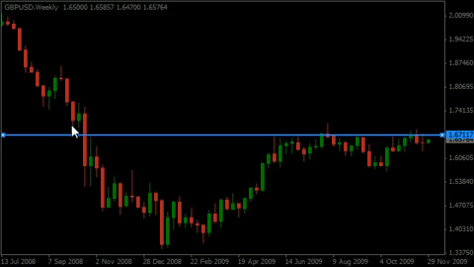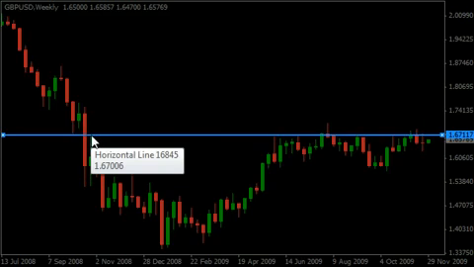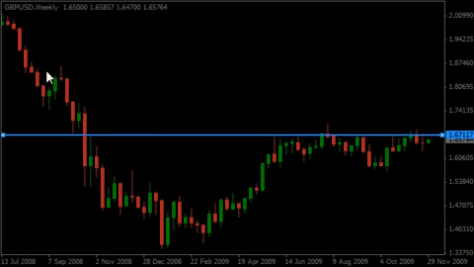We've got price action coming down, hits this line, bounces off, then finally breaks through the line and comes back and bounces off on the opposite side. This is a classic case of support, which is here, turning into resistance, which is here. So there's our line of support and resistance.